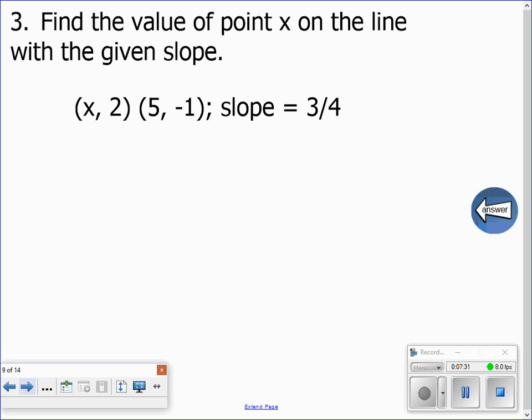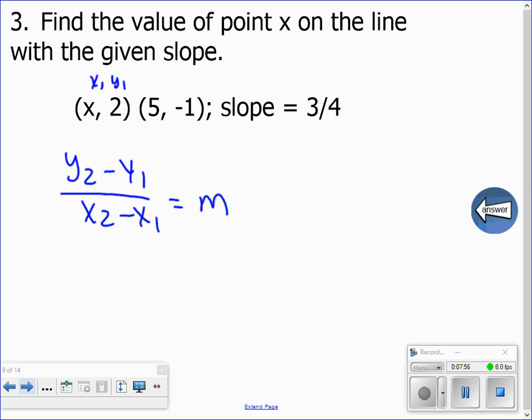If we're looking at finding the x-coordinate of this point, we would use our slope formula. So remember slope formula, this is the y2 minus y1 over x2 minus x1. So we're going to work backwards to find the missing coordinate. We're going to plug in all the information that we know, and then we'll solve. So if we label these points, if I label this x1, y1, and I label this x2, y2, it will help me a little bit.